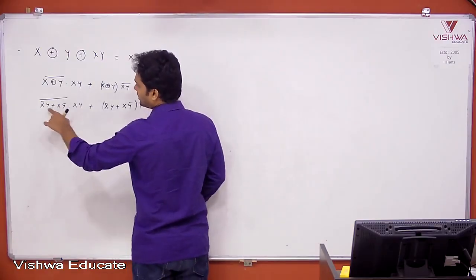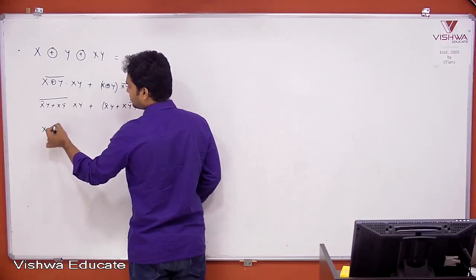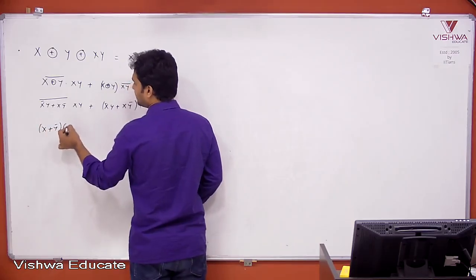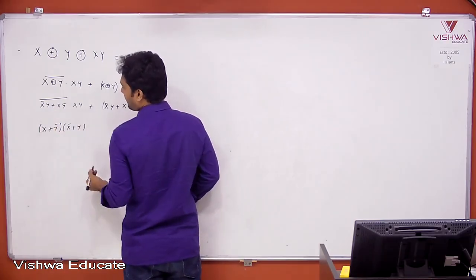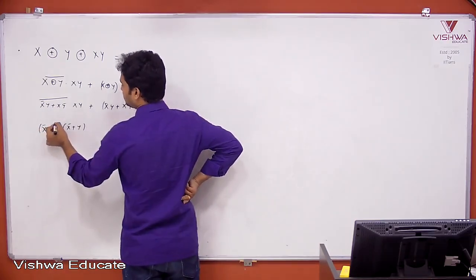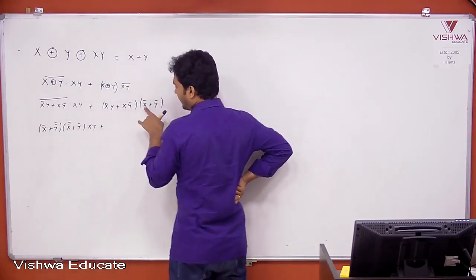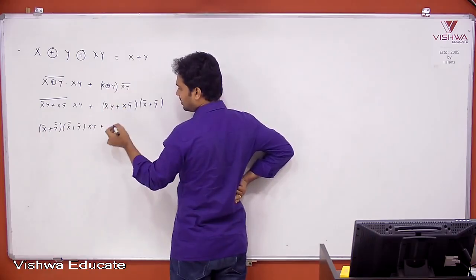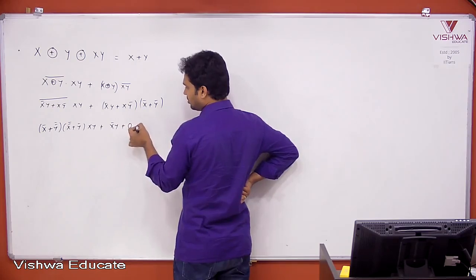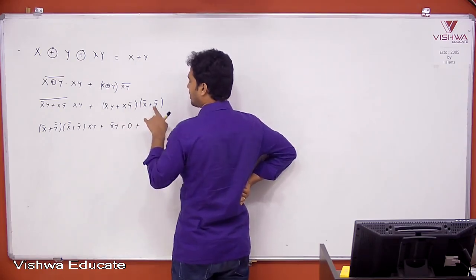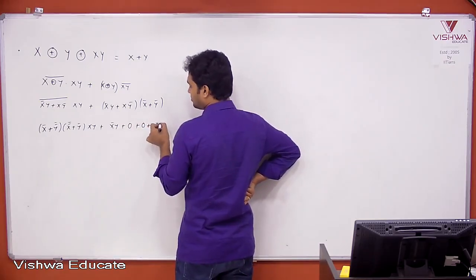Now here you can write this, take complement by duality property, X plus Y bar into X bar plus Y. And take individual bars into XY plus, now X bar into X bar is X bar Y, X bar into X is 0, next Y bar into Y is 0, Y bar into Y bar is XY bar.